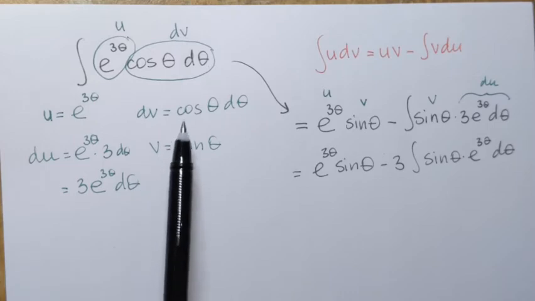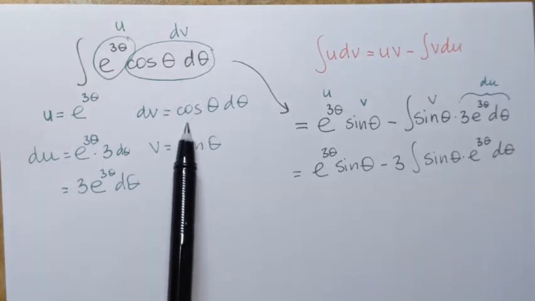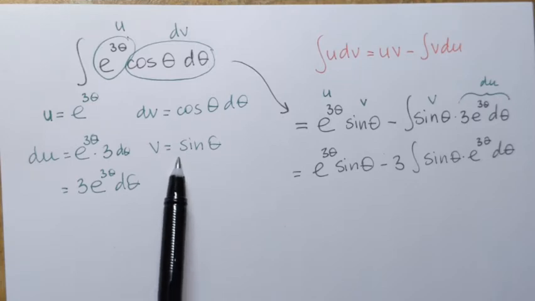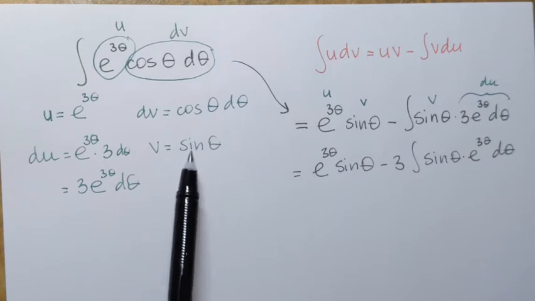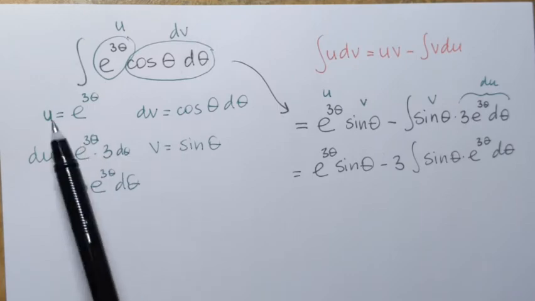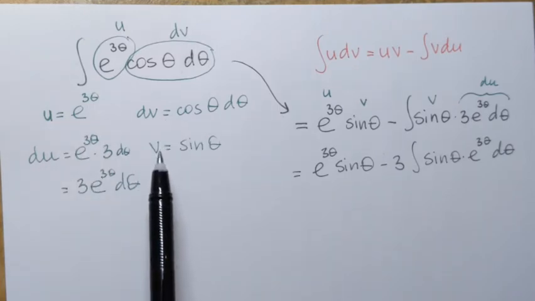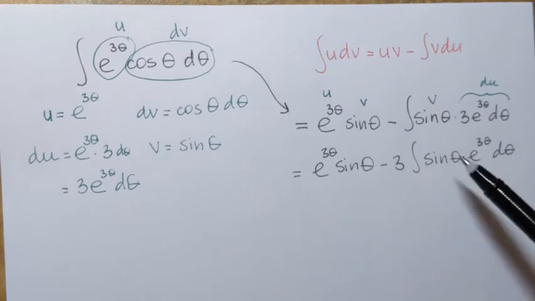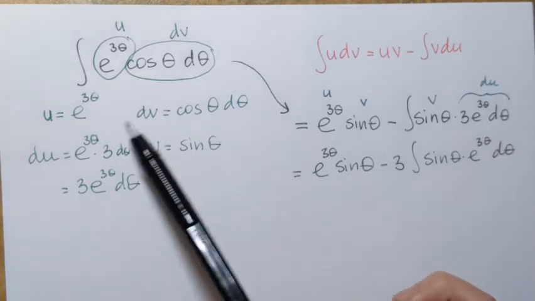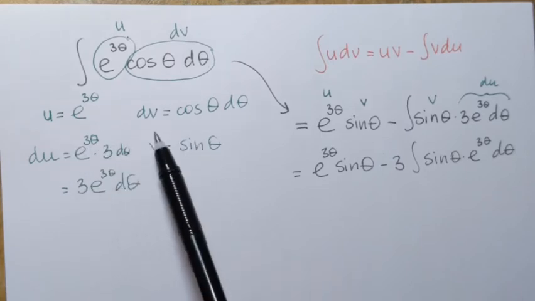And if dv is e to the power 3 theta, its antiderivative v would be the same thing, e to the power 3 theta. So neither the trig function nor the e to the power would go away, even if we switched the order. Well, then, what do we do? Long story short, we can keep this choice of u and dv.